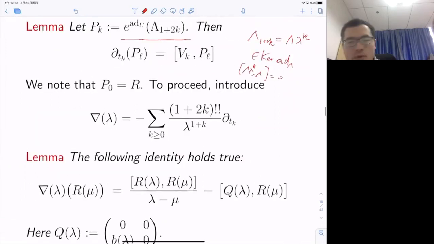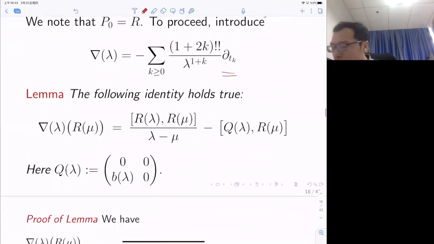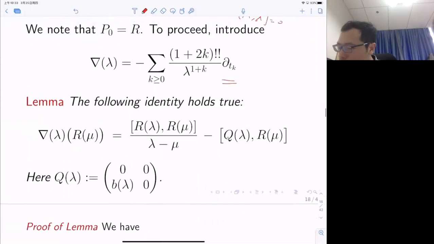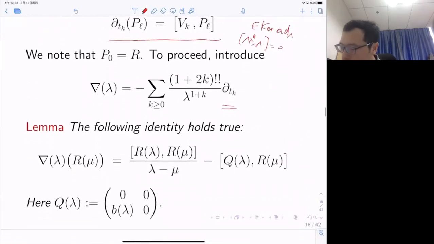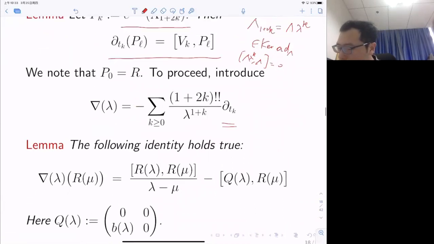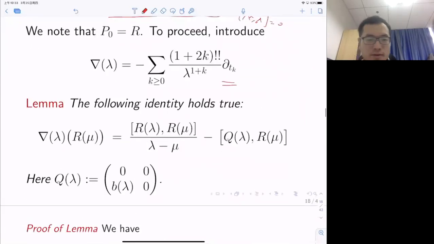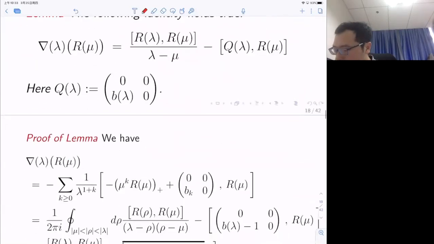Then, since we want to consider all the multi-point correlation functions, let's introduce a generating series of the flows, of the derivatives with respect to times. Using this lemma, this equality, and substituting into the generating function, you can get this lemma in the generating function form. The proofs are also very simple.